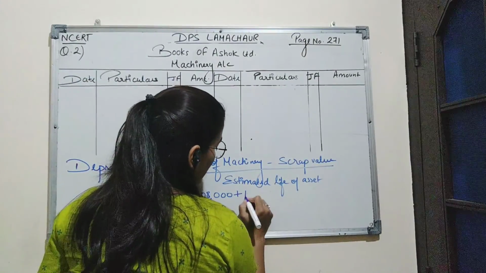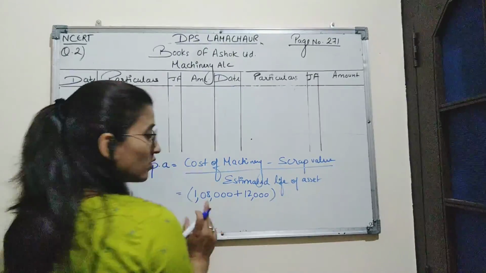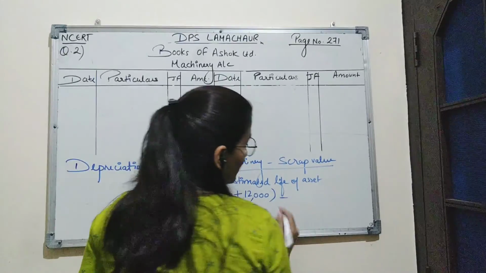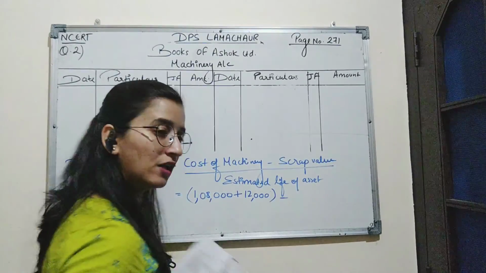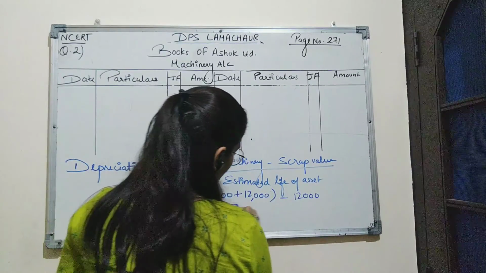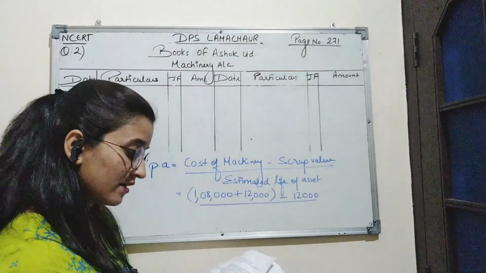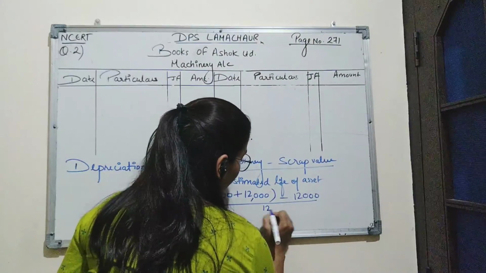So we will add 12,000 as installation expenses to the cost of machinery, minus scrap value of 12,000, divided by the estimated life of machinery, which is 12 years.